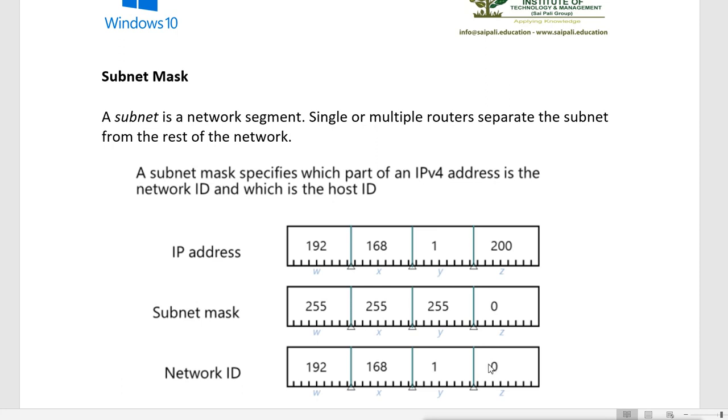All the bits of the host ID are 0. This is the IP address, and this is the network ID for that IP address, because the subnet mask is this.